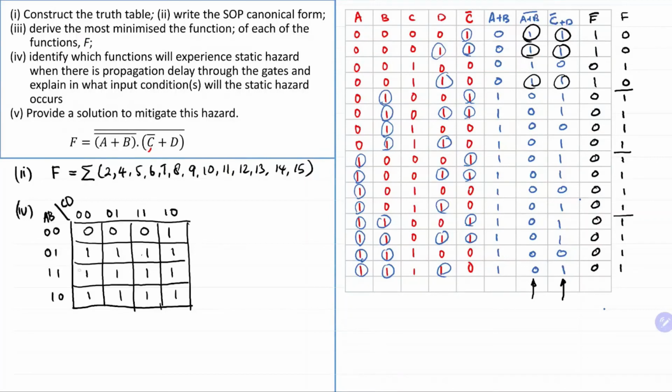So here we can draw a loop of 8. And this gives us A. Can draw another loop of 8 here. This gives us B.